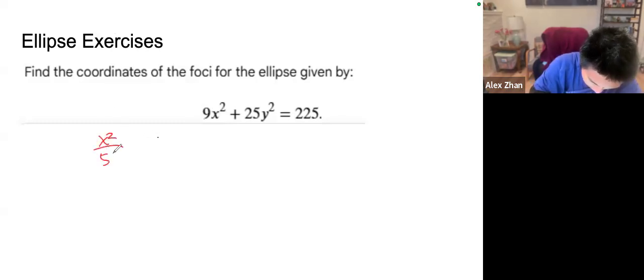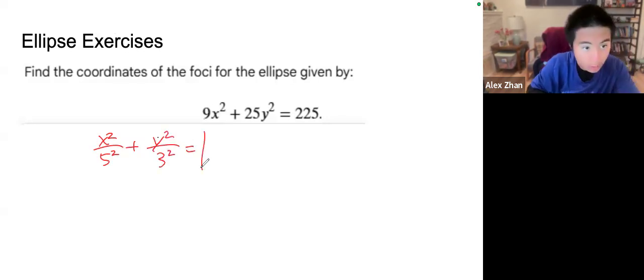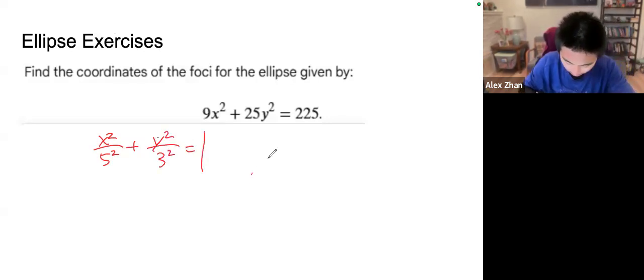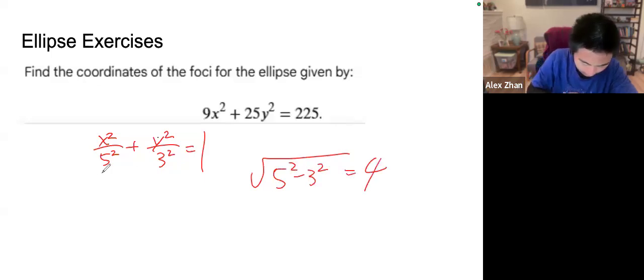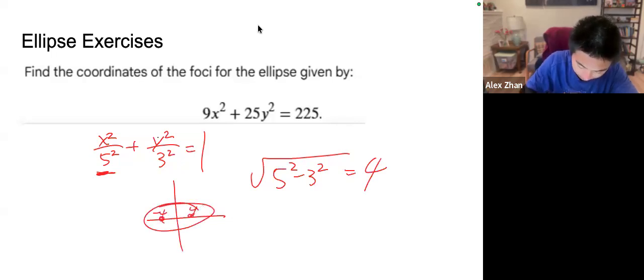So basically, this question is x squared over 5 squared plus y squared over 3 squared is equal to 1. And thus you have square root of 5 squared minus 3 squared equals 4. And because the major axis is the x-axis, it just looks like this: negative 4, 4.